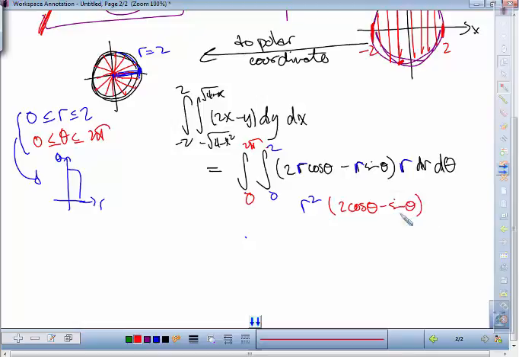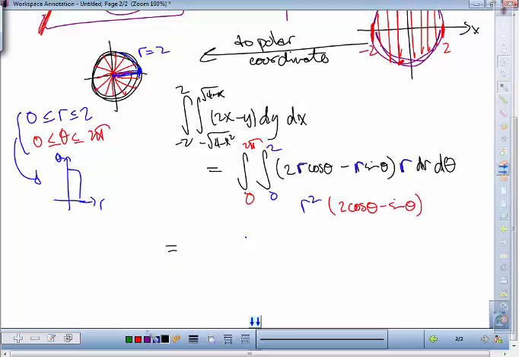And if you look at that, they look like factors that you can split up. Remember, we have constant limits. That's our first criteria. Second criteria is to make sure that your factors can be split up. And so you can really split this up into 2 separate integrals that you don't have to mix up.